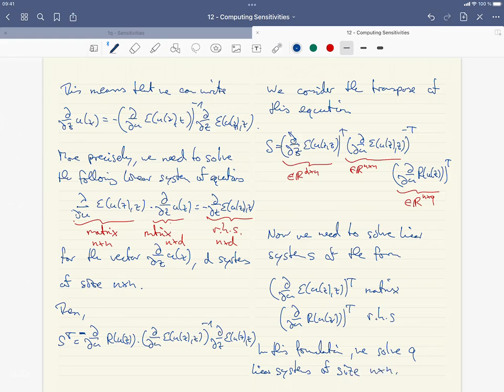And well, it now depends which formulation you want to use if Q or D is bigger. But typically we have 2, 3, 4 quantities of interest.